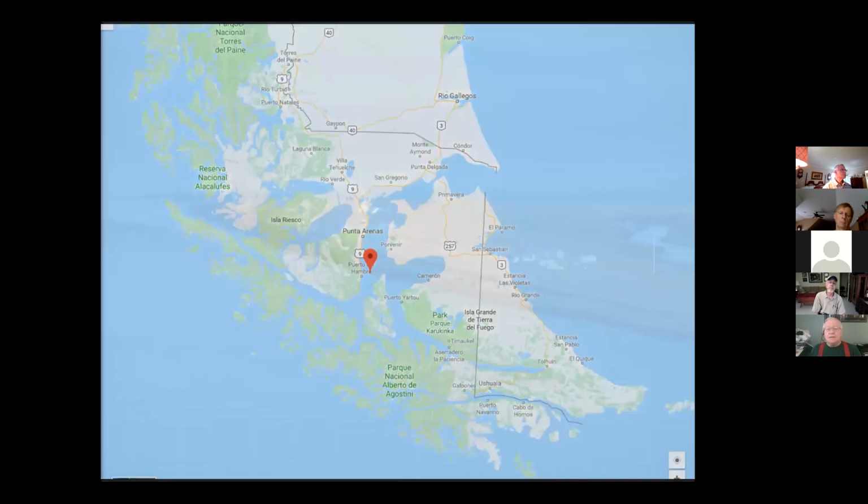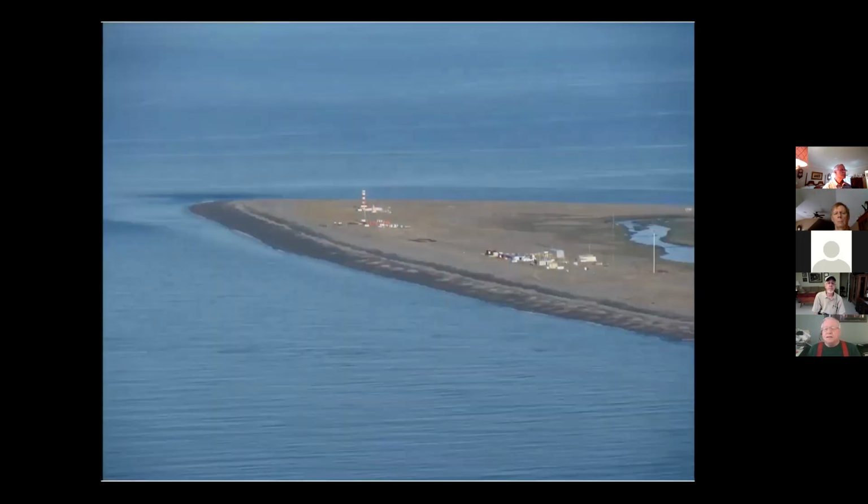And here is what that place looks like today. It's still kind of a desert, not much in the way of greenery. Today, of course, we see a lighthouse and a bunch of other stuff. But in those days, in 1740, there was probably next to nothing here. And so this is the entrance to the Straits of Magellan.